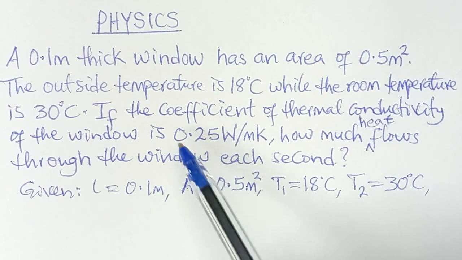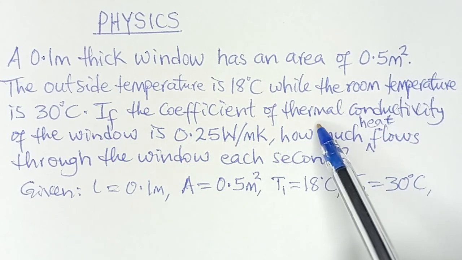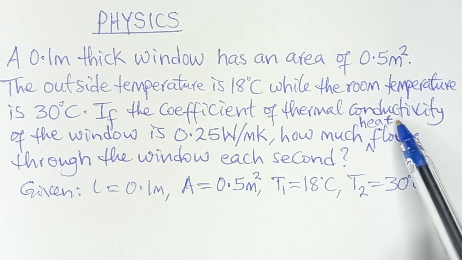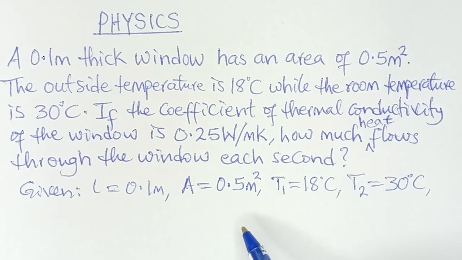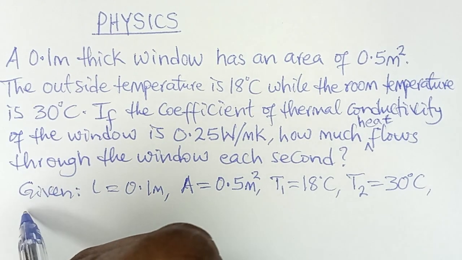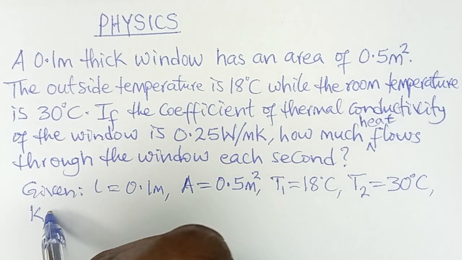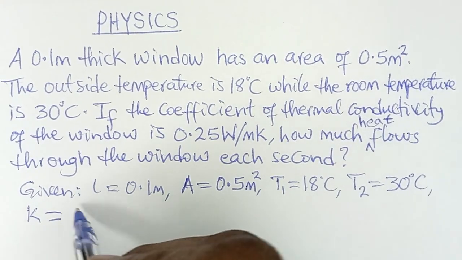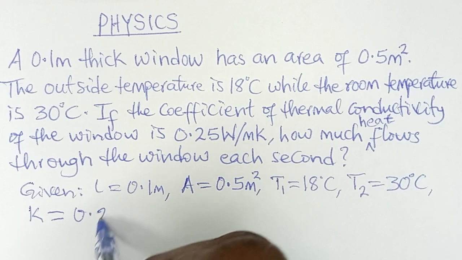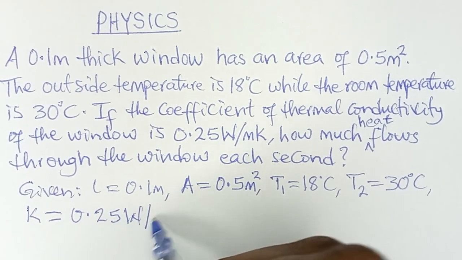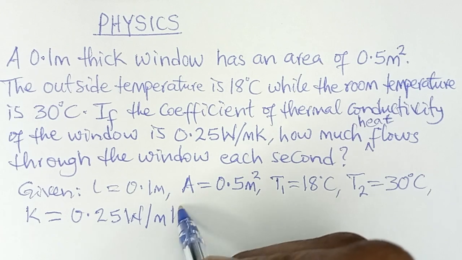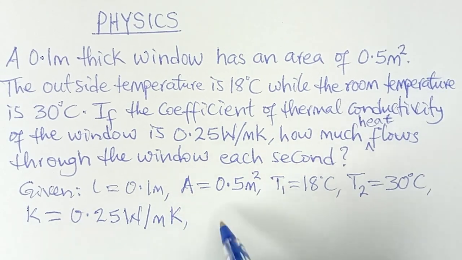Now we are given the coefficient of thermal conductivity, and that is represented by the letter K. So we are going to say K is equal to 0.25 watts per meter per Kelvin. So this is a constant value.